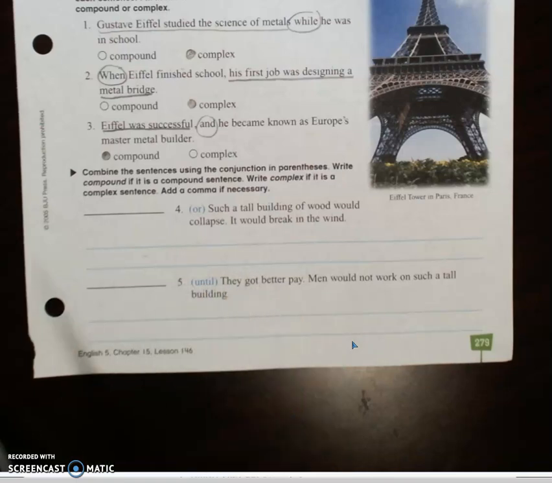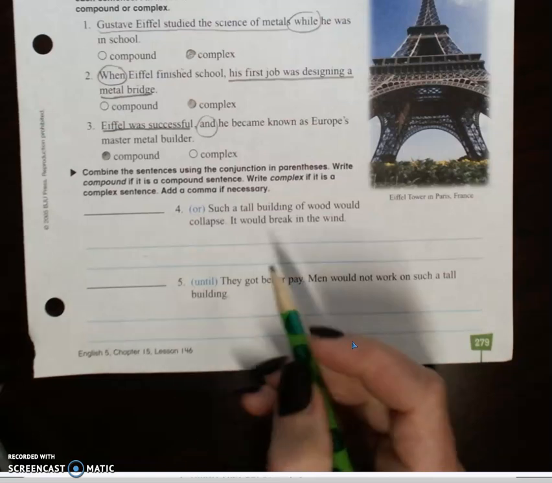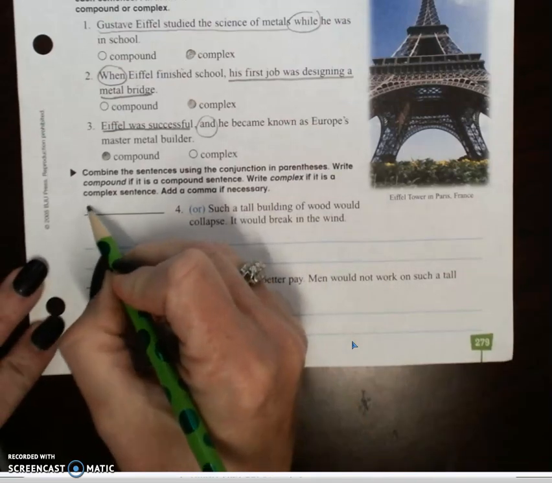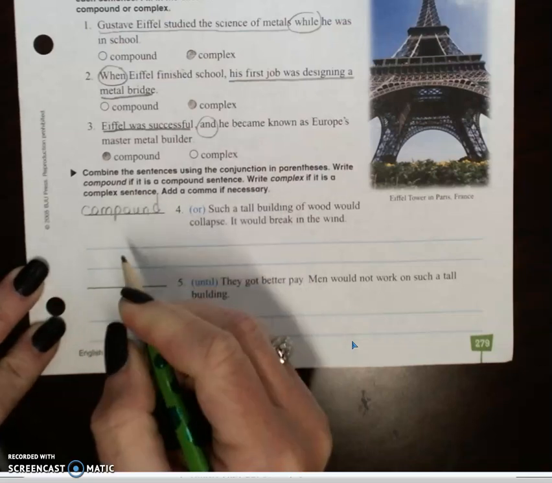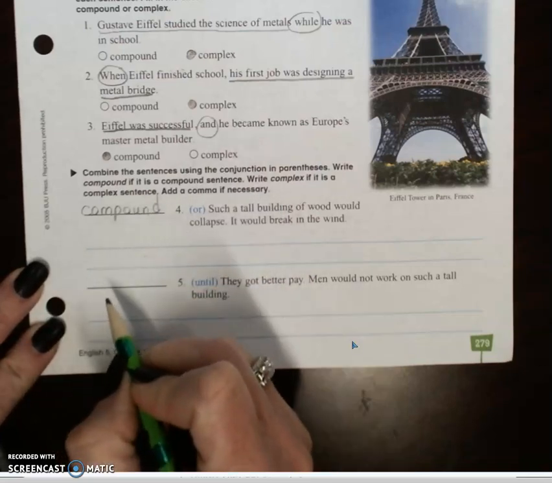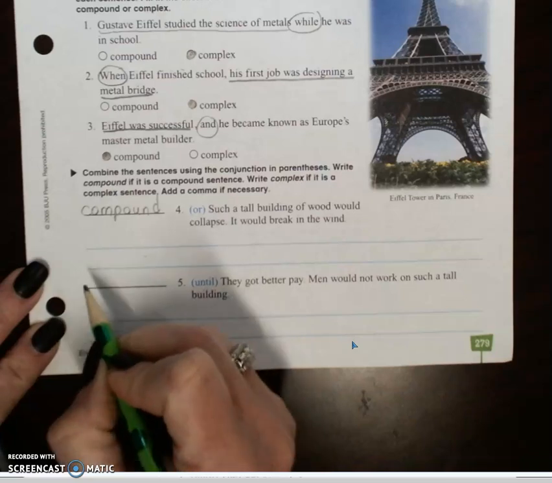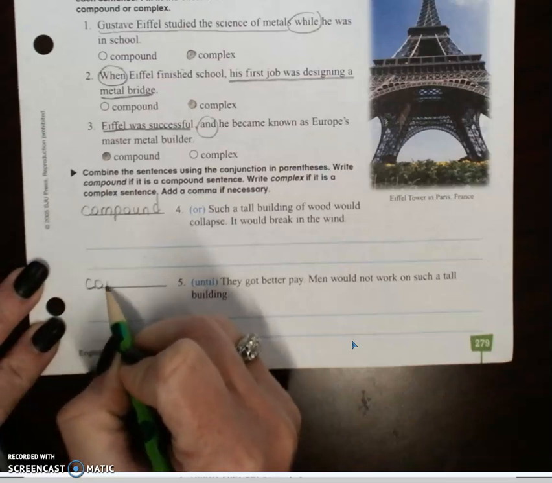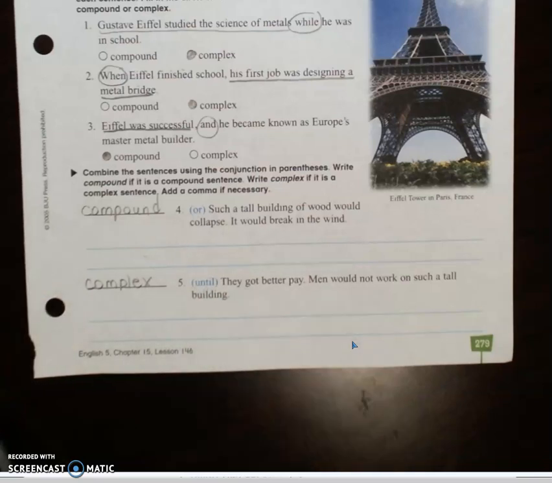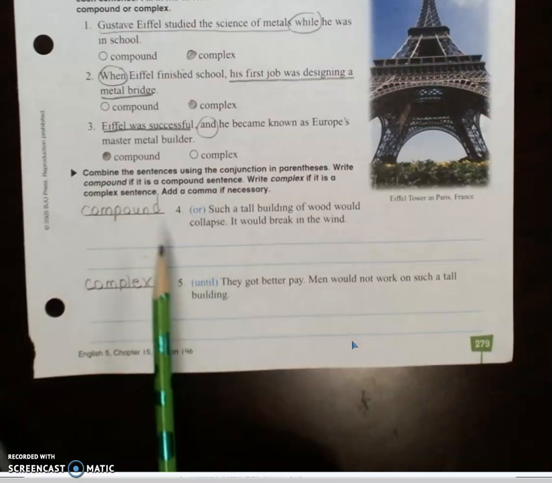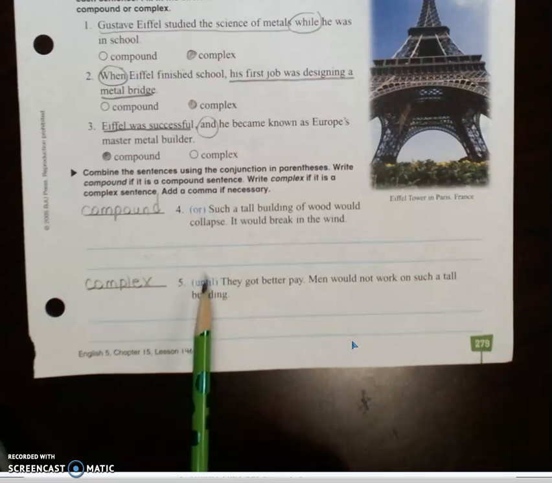So I've kind of given you a hint right here. So let's just go ahead and write, this is a compound sentence, and this is a complex sentence. Okay, so I've helped you along with that already, and that's based on the conjunction right here.